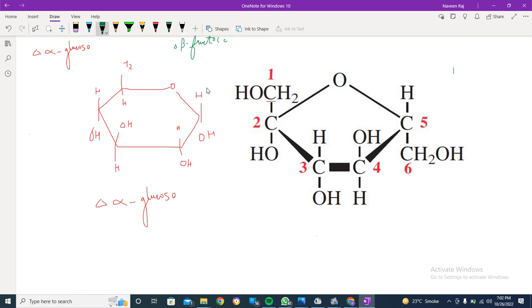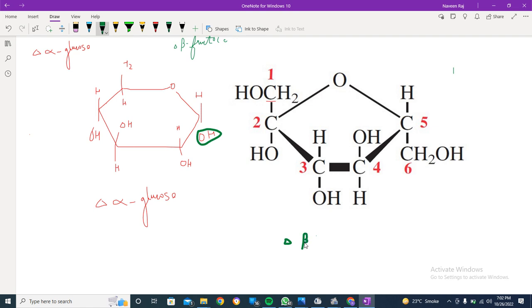What will happen is the OH changes from the first one, and this is beta fructose, so let me make some changes.